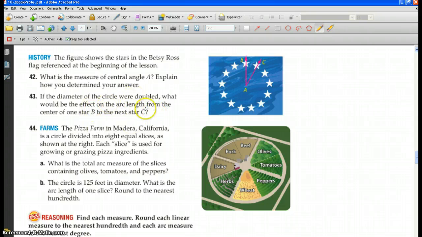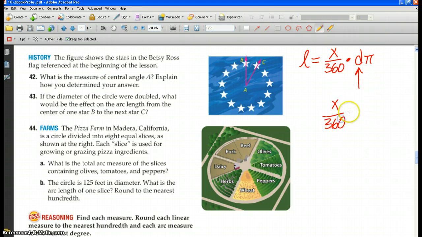So it's saying arc length, which is equal to x over 360 times the circumference, so diameter times pi, and it's saying what would happen if we doubled this value. Okay, so I would have x over 360 times 2d, because now the diameter is doubled, times pi.